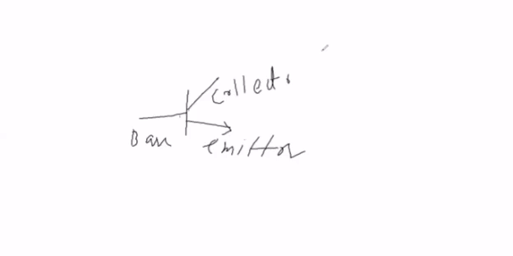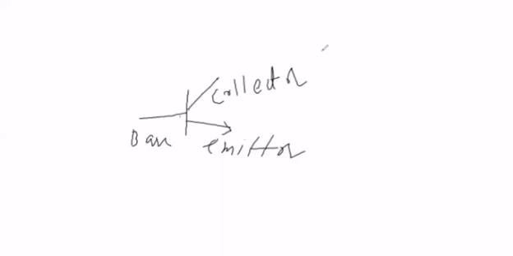Okay. So this is the diagram of the transistor. This arrow is the emitter, and this is the base and this is the collector.